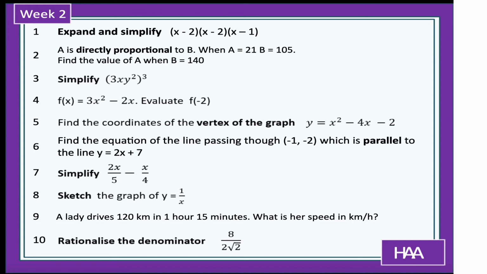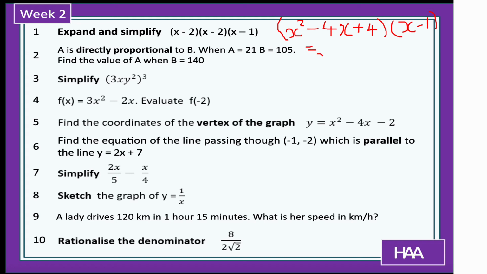Okay, question number 1, expand and simplify this triple brackets. Well, expand and simplify the first 2 brackets. I'm going to get x squared minus 2x minus 2x minus 4x. Minus 2 times minus 2 is plus 4. So this bracket is being multiplied by x minus 1. If I expand this, I've got to be very careful with my expansion.